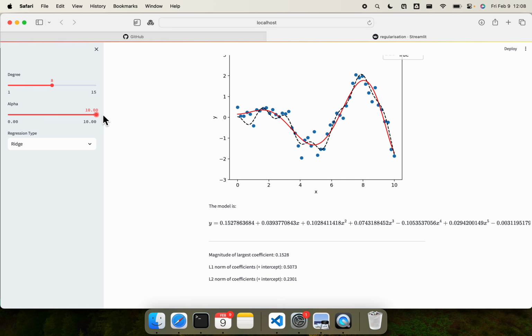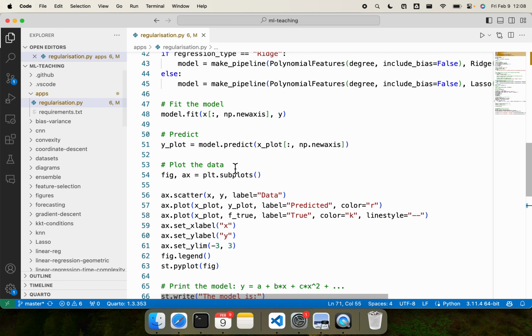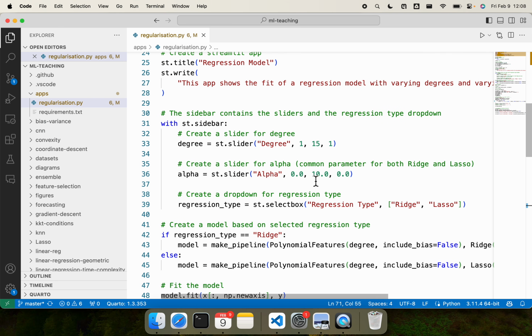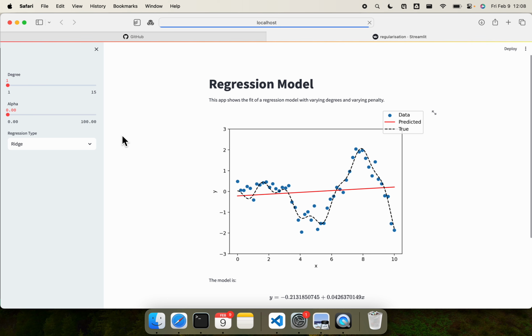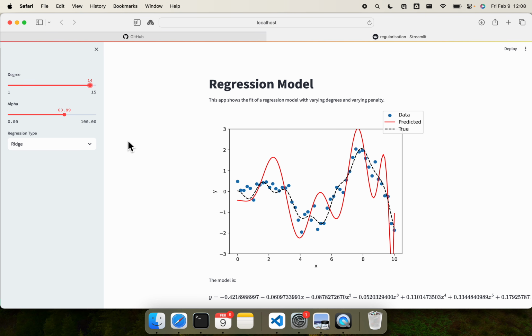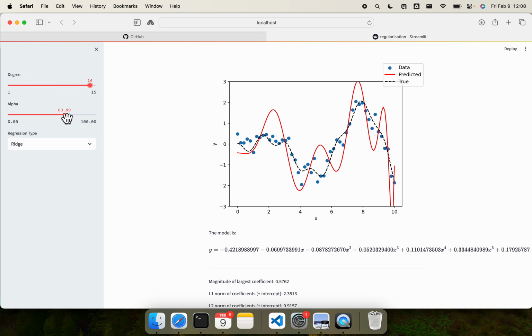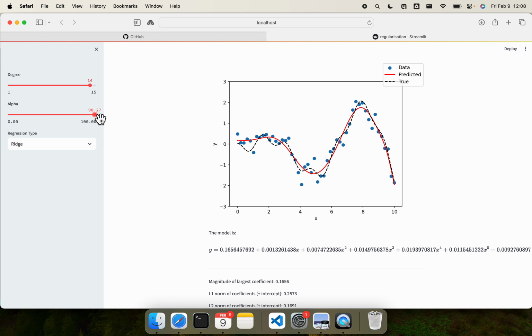If I allow alpha to become very large, right? Can you notice that these terms are now in the 3rd, 4th decimal digit, but they are not 0.